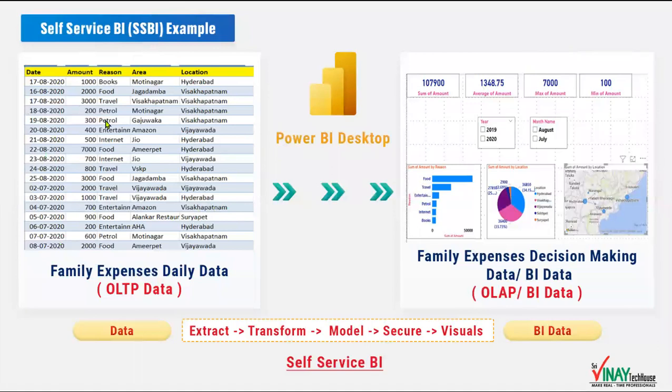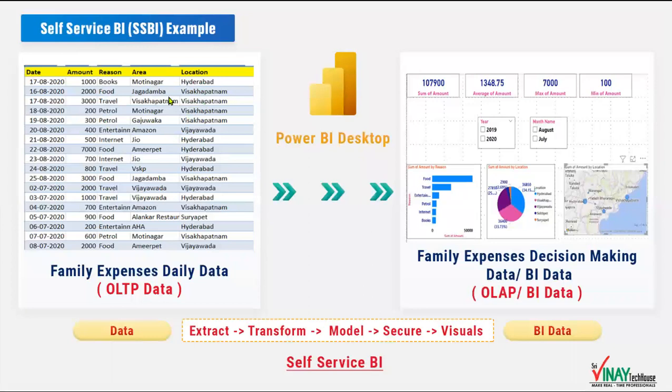Lockdown time, I spent money, and that money is available in the file. And two months, July and August. Every day, how much money did I spend and for what reason? Books, I spent 1,000 rupees in the month of August. Hyderabad location, Moti Nagar. Food, 2,000 rupees. Jagadamba Theatre, Visakhapatnam. Something I mentioned.